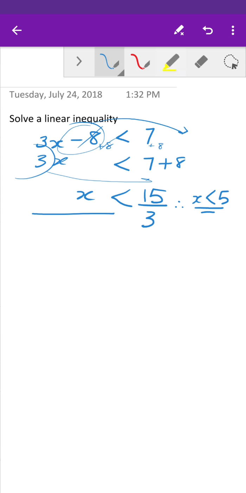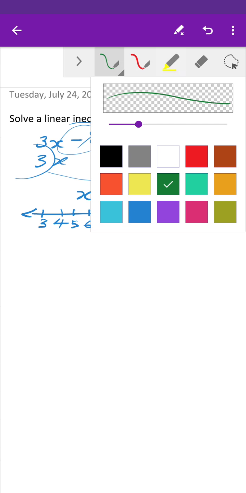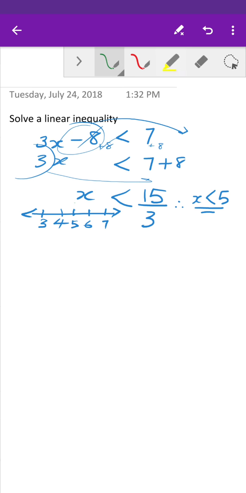On a number line it would look like this. You would have, say, 5, 6, 7, 4, 3, and let's put the solution in green. So x is less than 5, we would put a hollow circle and a line to the left. So this means all the values less than 5, not inclusive of 5, so we don't colour it in.